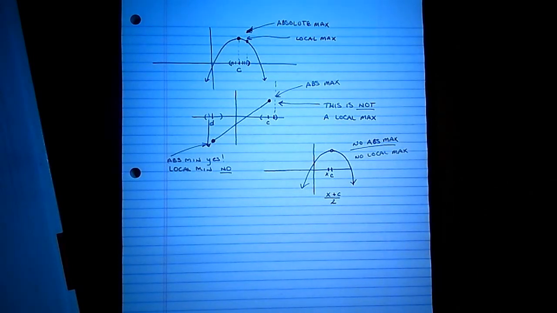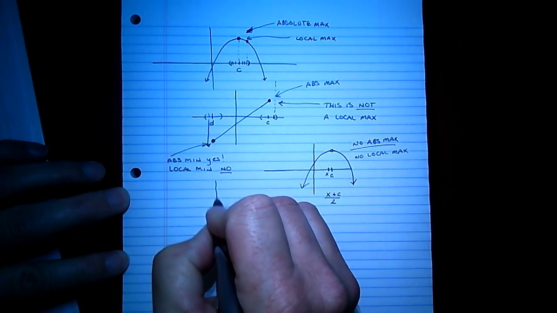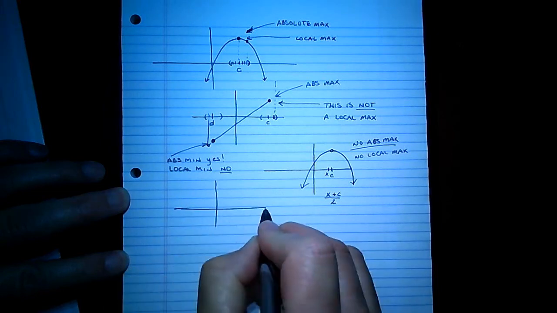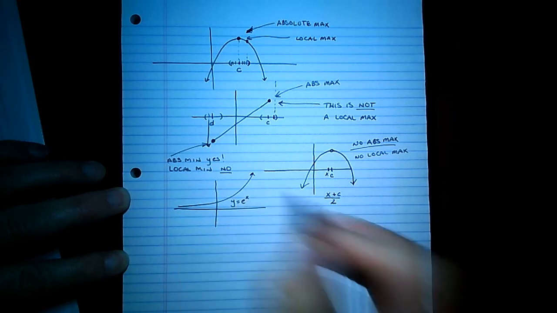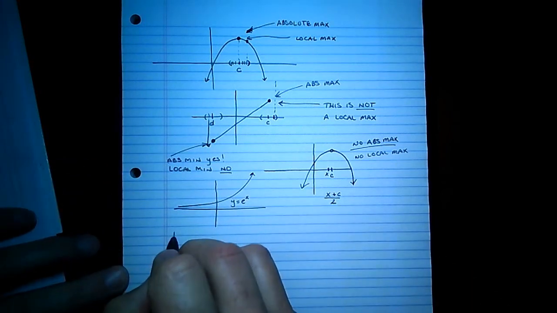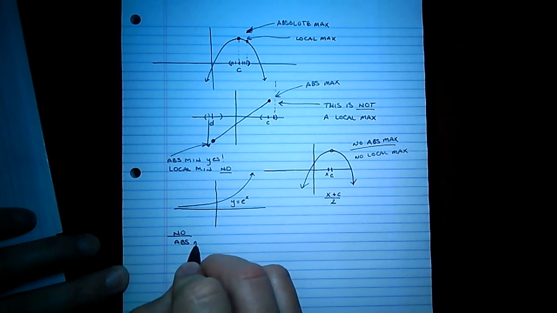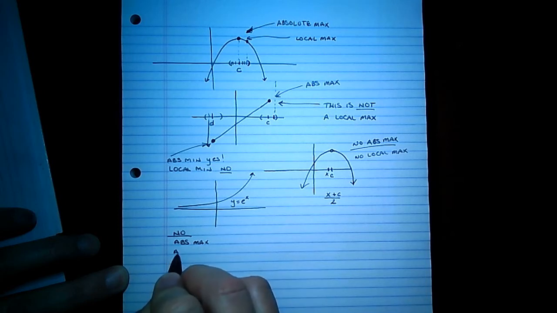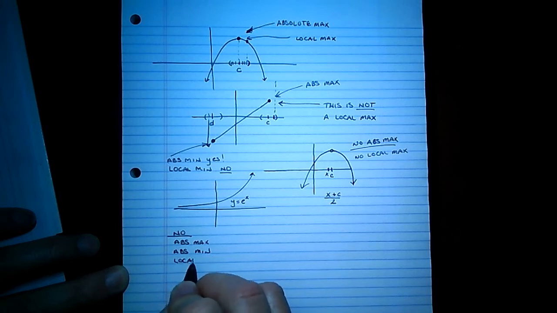Now, is it possible to have a graph that doesn't have a local min, a local max, an absolute max, or an absolute min? Yes, it is. We've already drawn it on the previous page, but I'll draw it again. Any exponential curve like y equals e to the x, this graph has no, and under the no column, we would get absolute max, absolute min, local max, and local min.